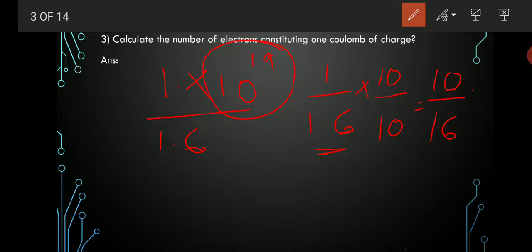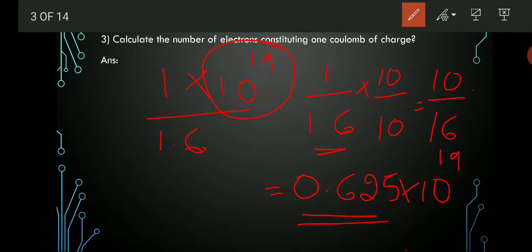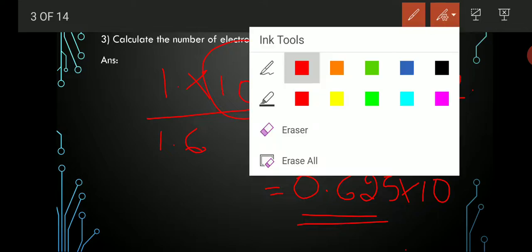When you divide these two numbers, you will get 0.625 and this 10 to the power 19. So this many electrons constitute 1 coulomb of charge. You understood? Okay, this is the answer.